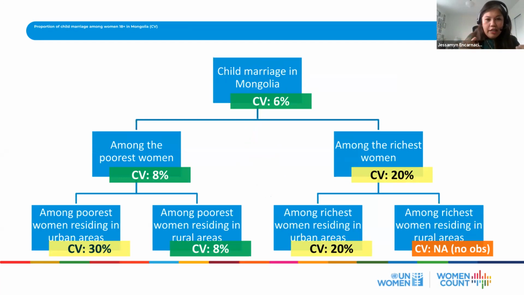If I point you to the last row on this slide, the proportion of child marriage among women aged 18 or over belonging to the poorest quintile and living in urban areas, while you are able to get these estimates, the reliability level, or the coefficient of variation, is estimated at 30%. We would like the CV to be as low as possible. The lower the CV is, the more reliable the estimates are.